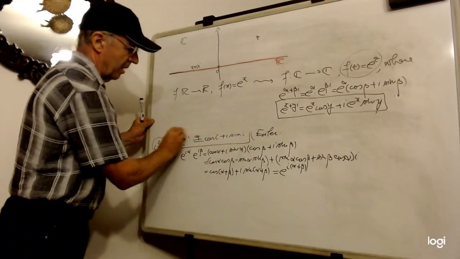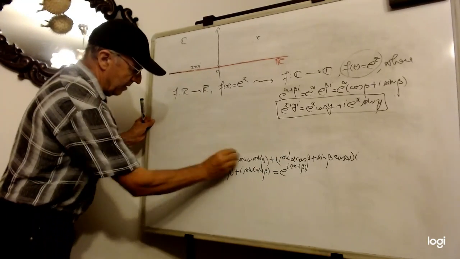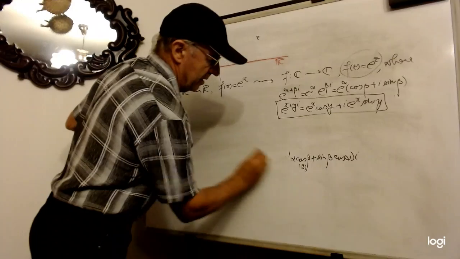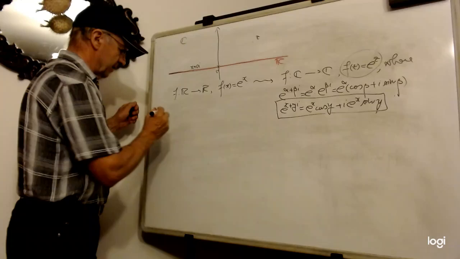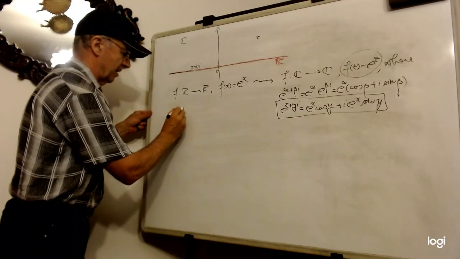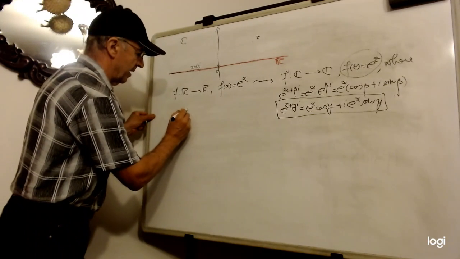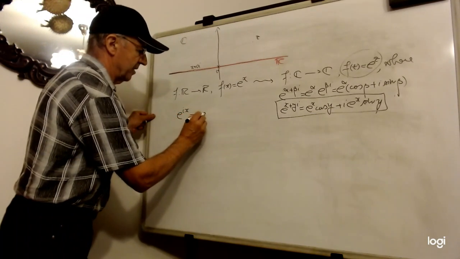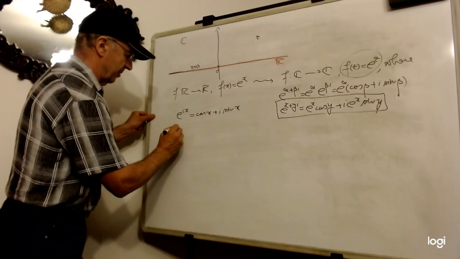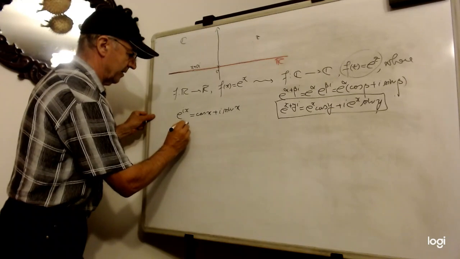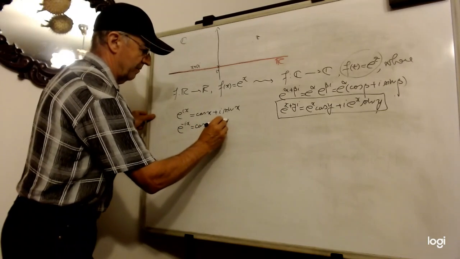And now other important functions are the trigonometric functions, sine and cosine. We first consider exponential of ix. Euler's formula gives cosine of x plus i sine of x, and exponential of minus ix is cosine of x minus i sine of x.